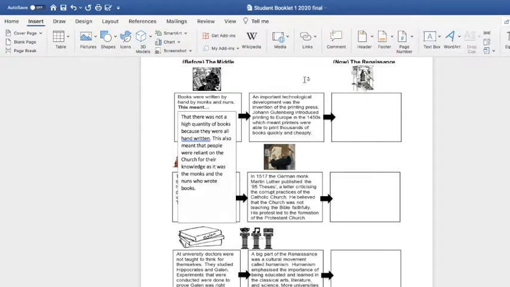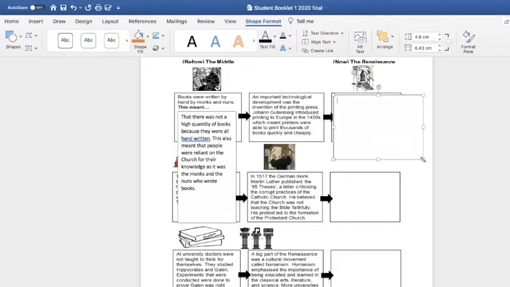So what you would put in this box here is, you can decide what kind of sentence starter you want to use.